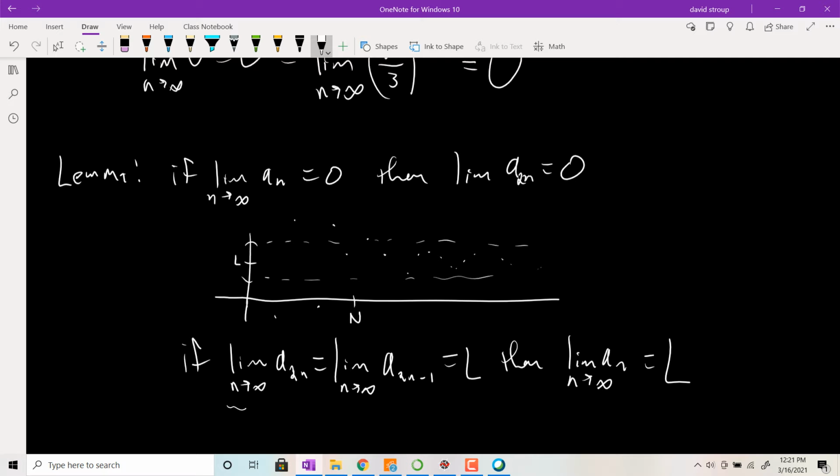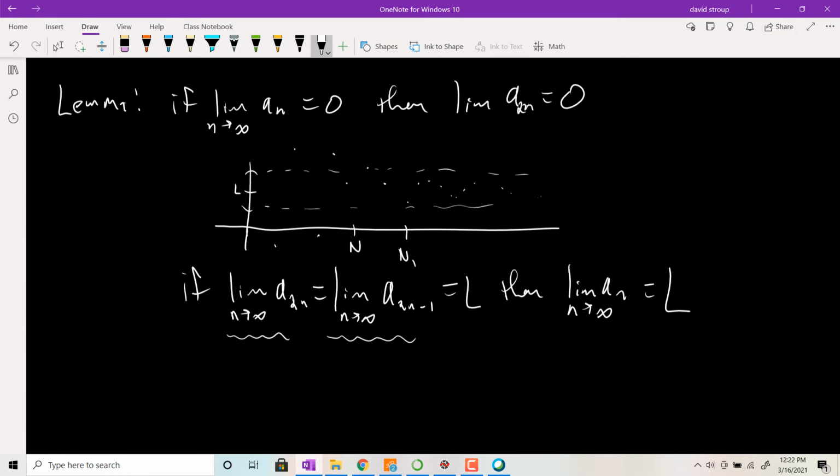And there exists some other n value, say n1, beyond which all of the odd terms will be within that epsilon value. So if I get beyond whichever of these n and n1 is bigger, all of the terms will be within epsilon, because all terms are either even or odd terms. Hopefully that thinking convinces you that this statement is true.